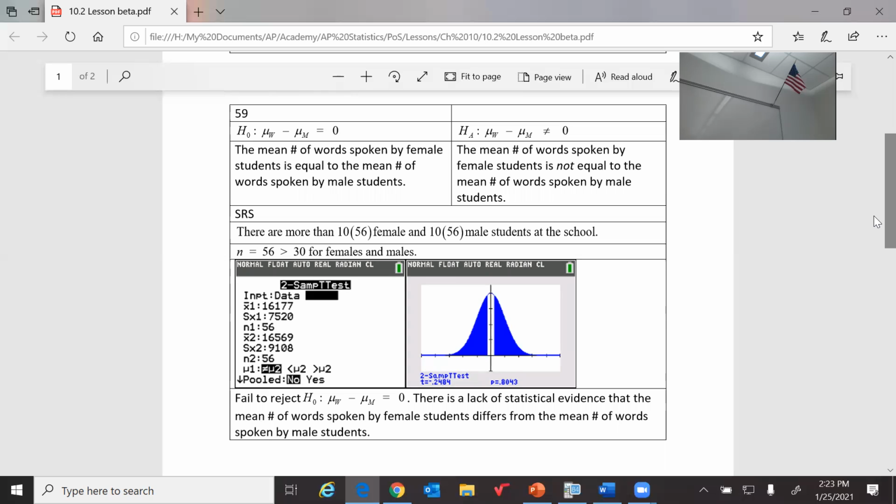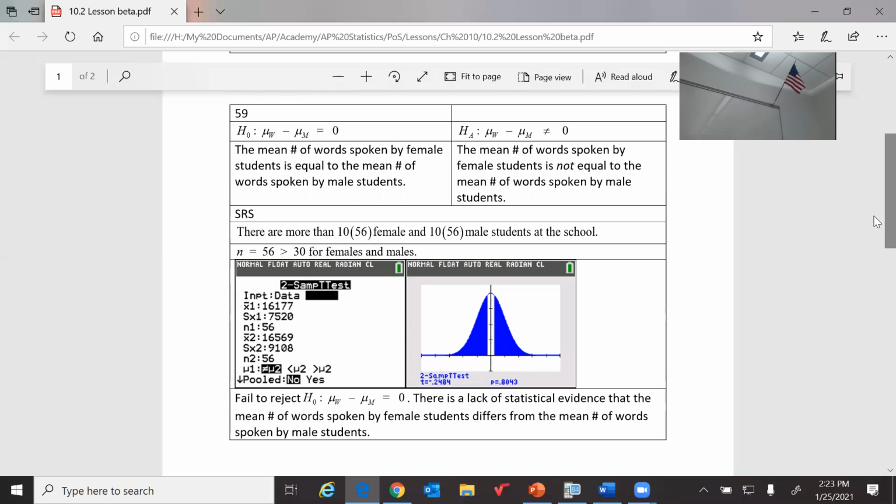The probability of getting the t-score we got, which is negative 0.2484, that's where it is, or more extreme to the left. Two-tailed test. We flick that over the y-axis. That's why all that's shaded in. The likelihood of getting that, or more extreme by chance alone, had the null been true, is 80%. Fail to reject.